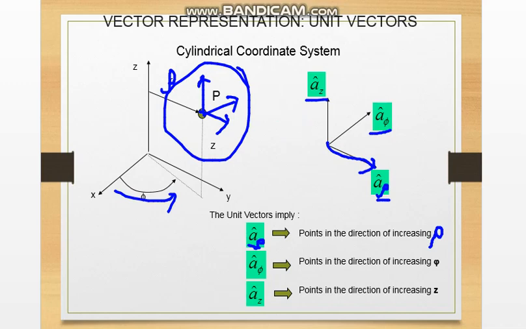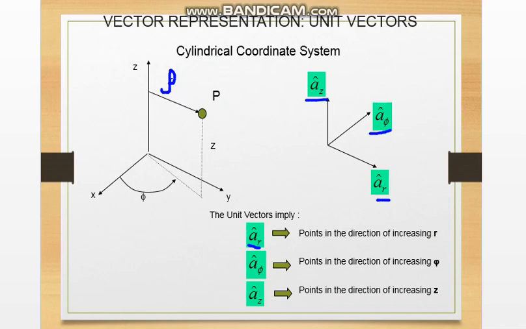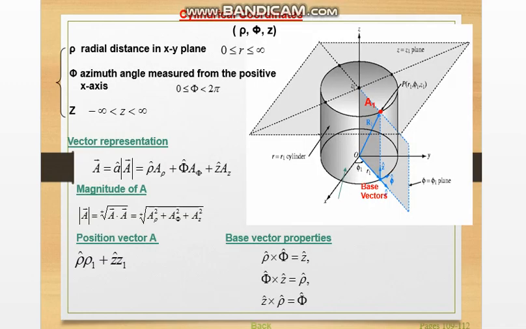After that we will go to the next lecture, the cylindrical coordinate system. Now we can see the radial distance and the base vectors. You have to go from here to there, that's rho, and that is the z point, and that is the angle phi between the x axis and rho.